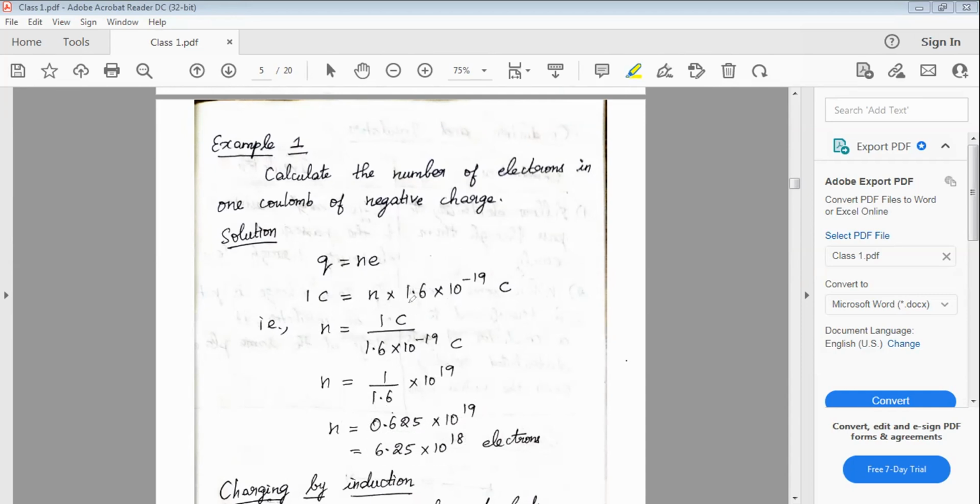So this is the number of electrons in 1 coulomb of negative charge. For finding this, you have to apply the quantization of electric charge concept.